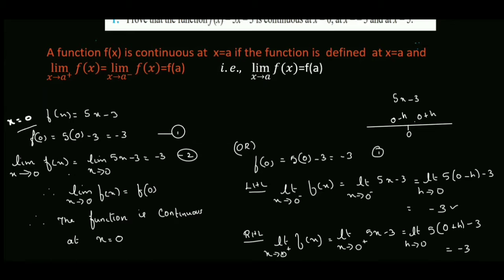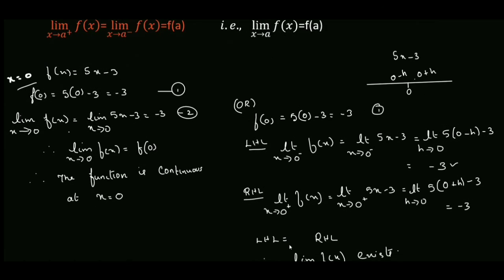Now if I want to find the right hand limit, then I put limit x tends to 0 of f of x, that is limit x tends to 0 plus of 5x minus 3. So you have to replace x by 0 plus h. So when I put 0 plus h, it will become 5 into 0 plus h minus 3, that is equal to minus 3.